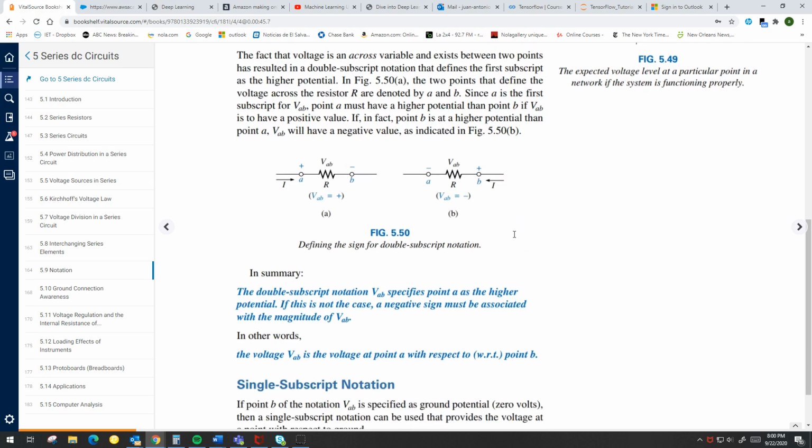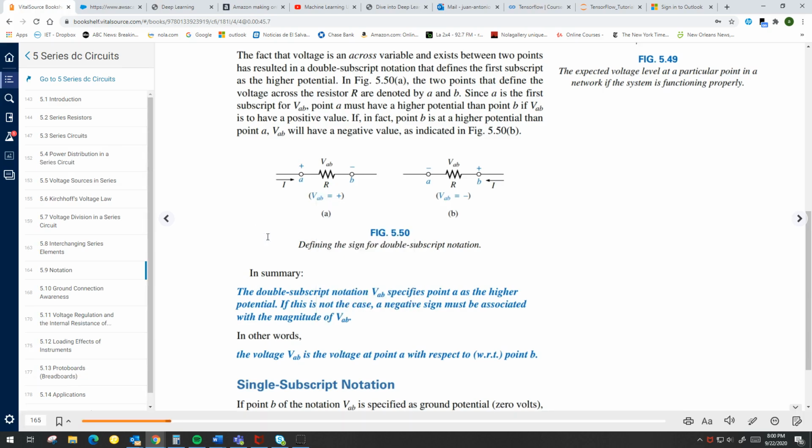So we've done this before, but we're just pointing out the meaning of the double subscript notation. If we notice in these two simple circuits, there are two literals associated with the voltage, A and B, with each of the nodes.